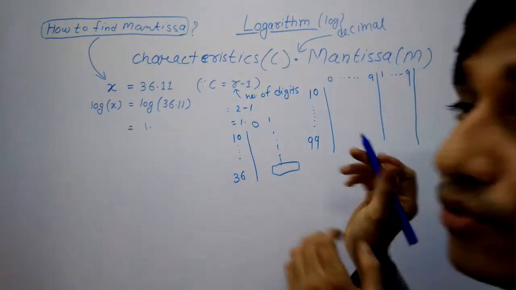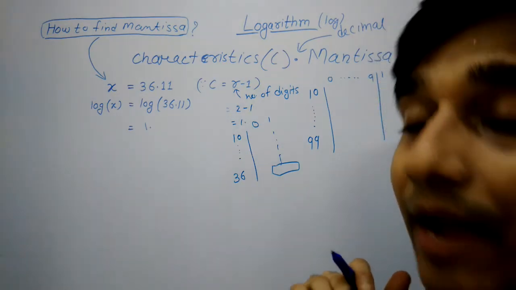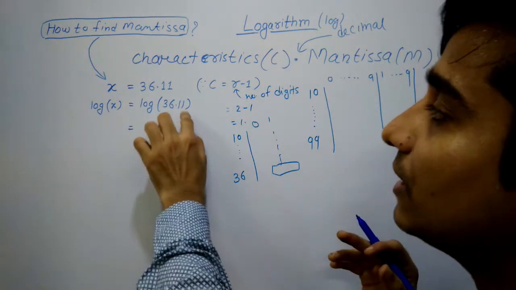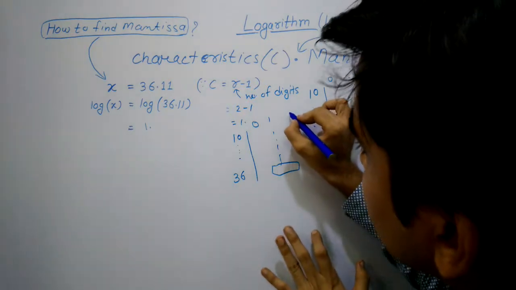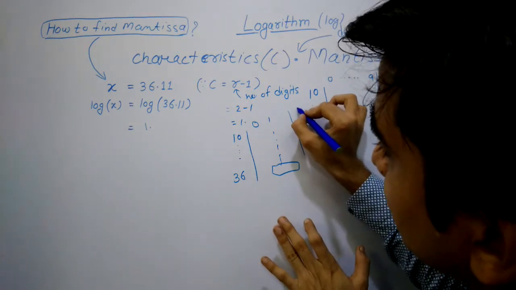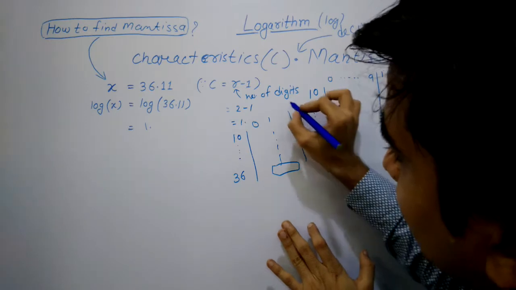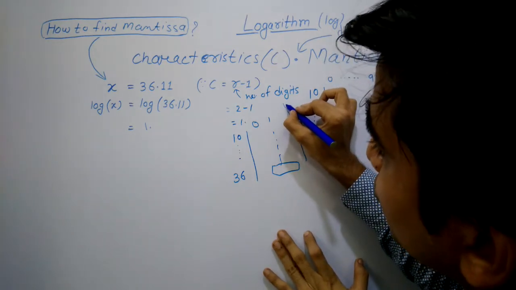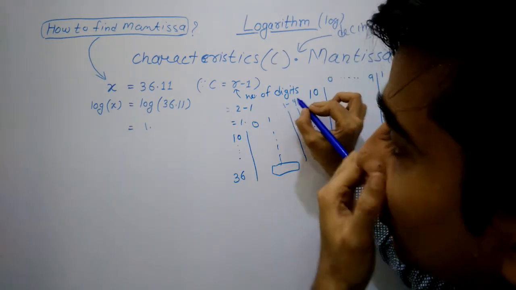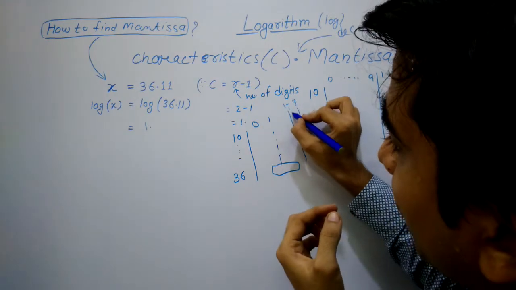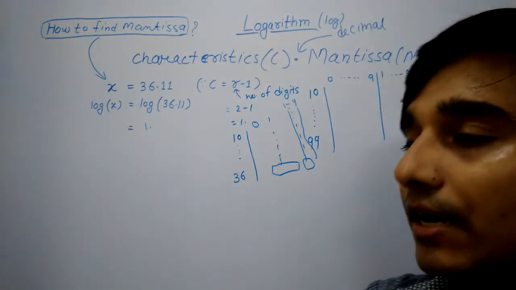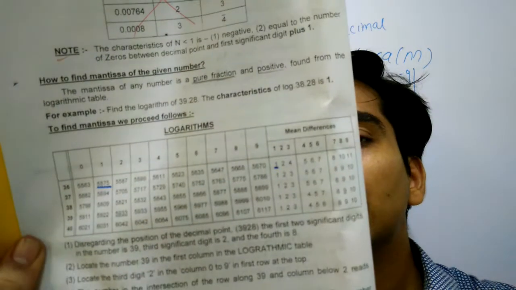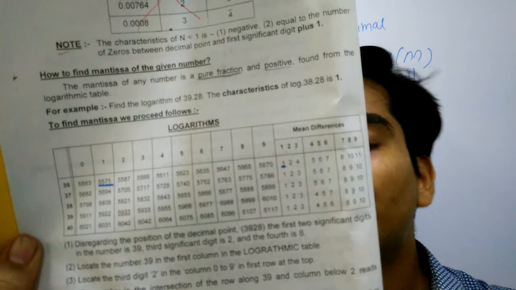After that, go to the mean difference. Why is the mean difference required? Because for defining the last digit you have to go to the last columns, which is the mean difference column. Its numbers are 1 to 9, so you go directly to 1. Friends, you can see 36 under 1.